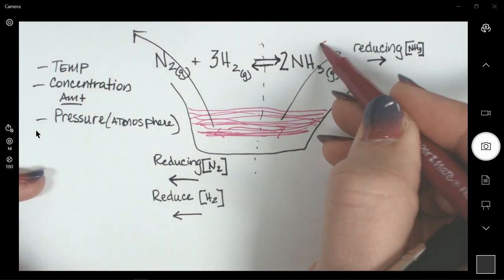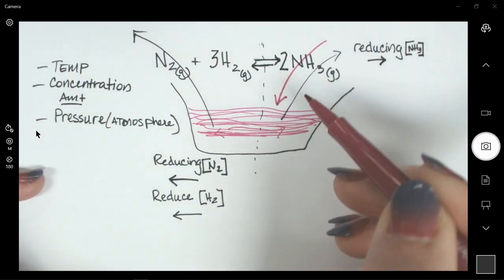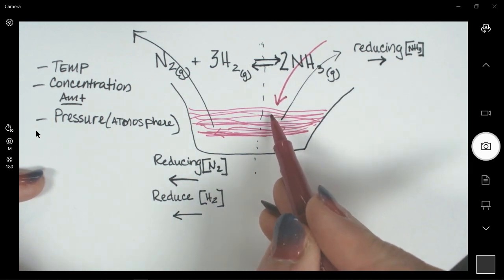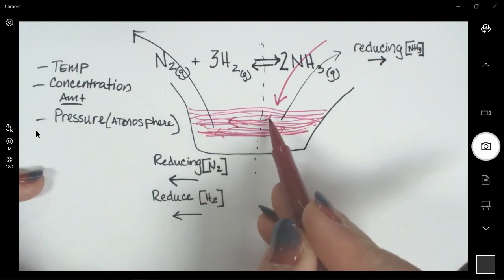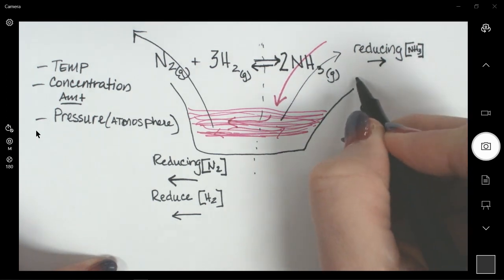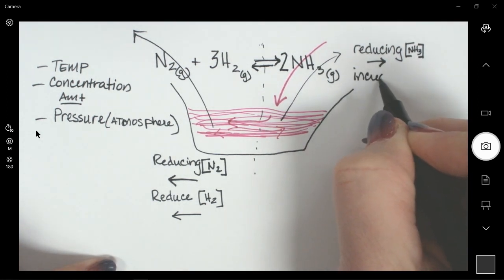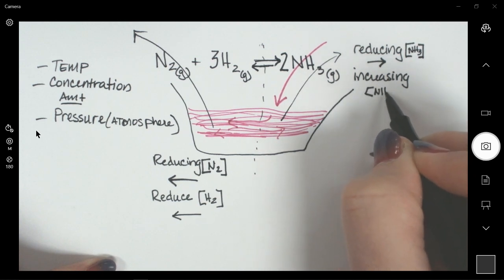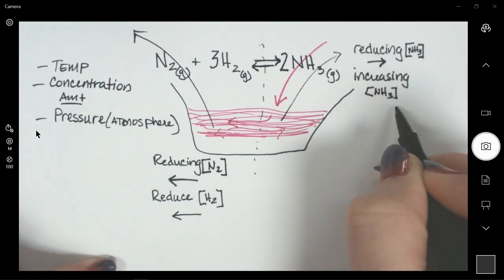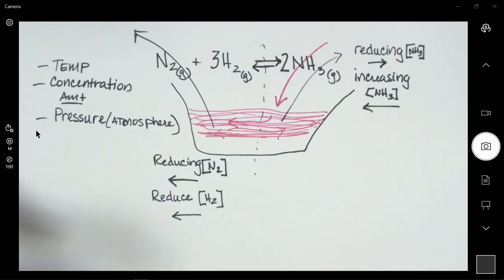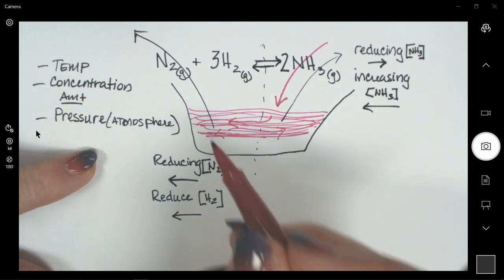So, if you added ketchup to this side, which way would the ketchup flow? Yeah, it's going to flow towards the reactants, right? Well, that is the same as increasing the concentration of NH3 will cause the shift towards the reactants. And the same thing on this side.